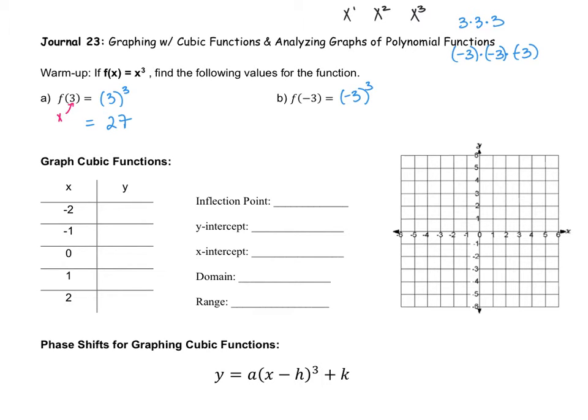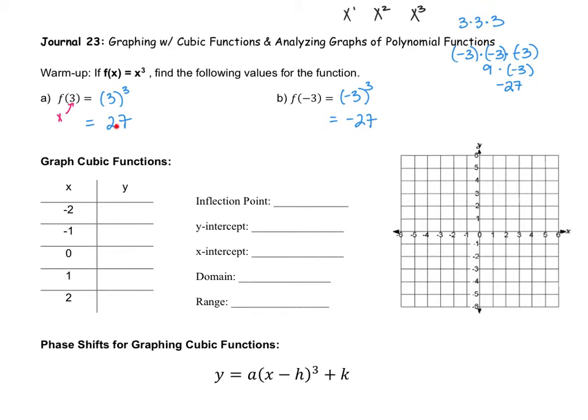But essentially what it's doing is if I multiply -3 with -3, I get +9. But I still need to multiply that by another -3, so that ends up giving me -27. So my answer here is -27. So anytime I'm raising something to the third power, I'm actually multiplying itself 3 times.